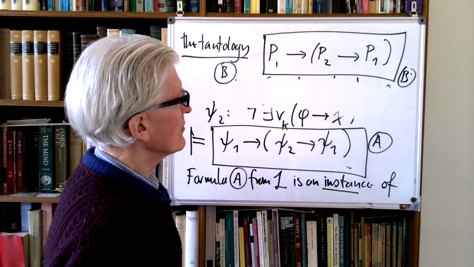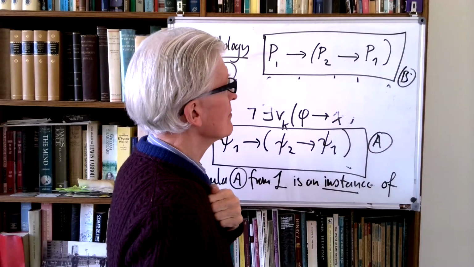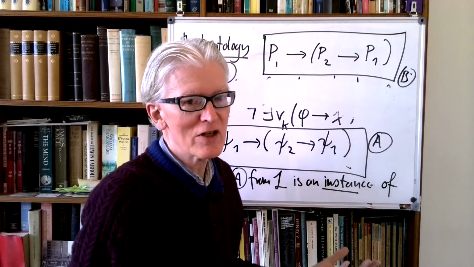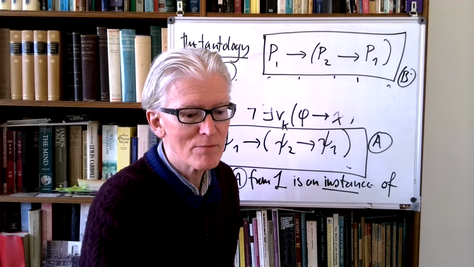So anything that we can check is a tautology will generate for us infinitely many universal validities here.